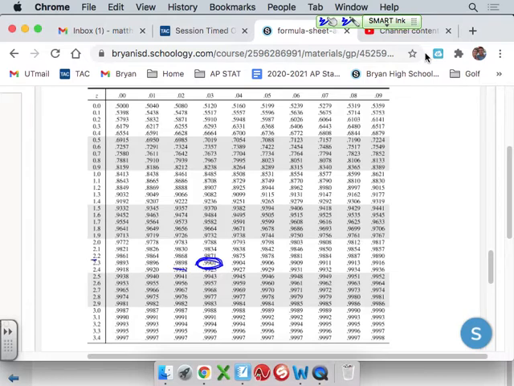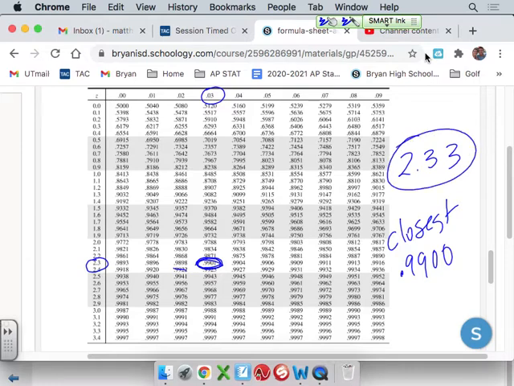So that would be at 2.33. So 2.33 is the closest value to 0.9900. So that's our critical value, 2.33.